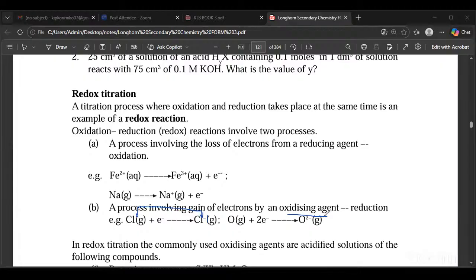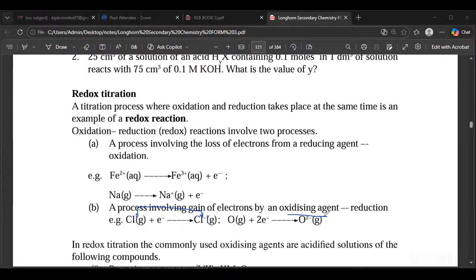Now, let me give you my formula. In summary, if you don't want to forget the reduction and oxidation process, it cuts across from form 2. I think it even started in form 1. In form 1 we say oxidation is addition of oxygen and reduction is removal of oxygen.